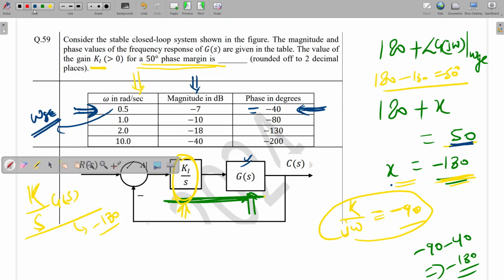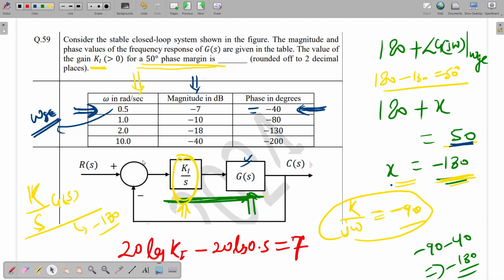So we can write like this: 20 log K minus 20 log 0.5 should be equal to 7. Then this value will contribute a magnitude of plus 7, such that at 0.5 this becomes omega gc.